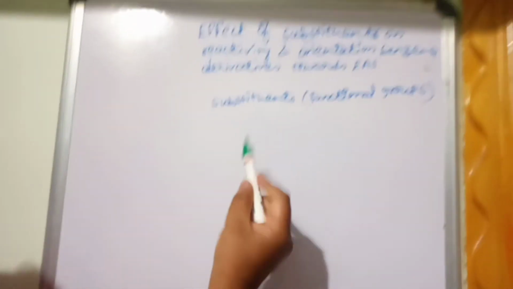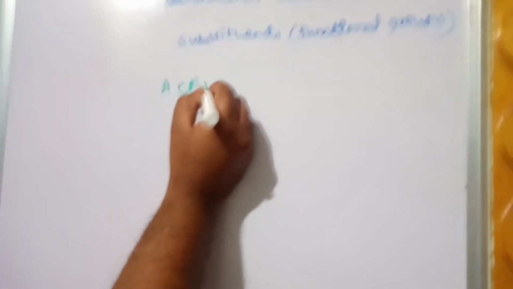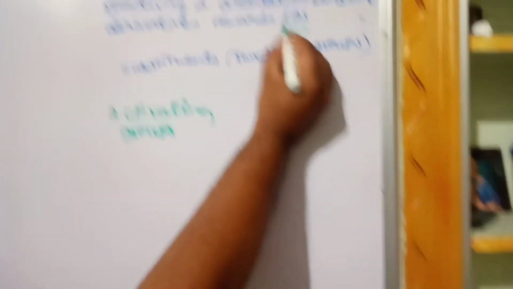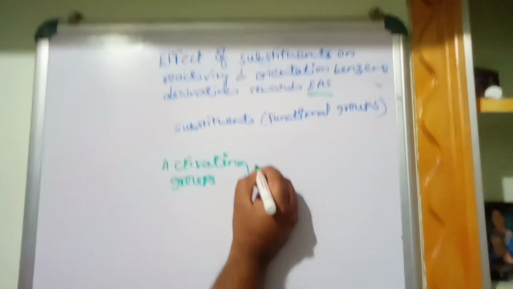Orientation means where they orient. So we are talking about activating groups. Activating groups are those groups which increase the rate of reactions. Rate of which reaction? Electrophilic aromatic substitution reaction.